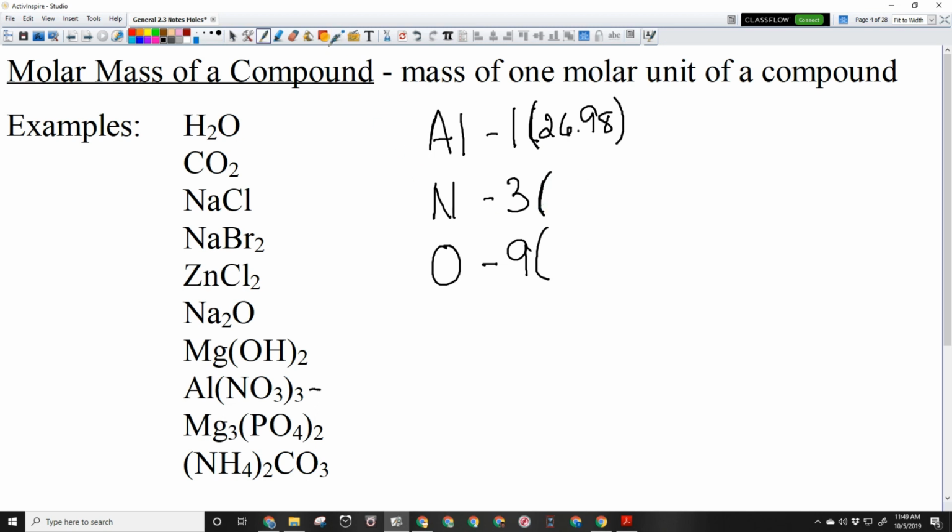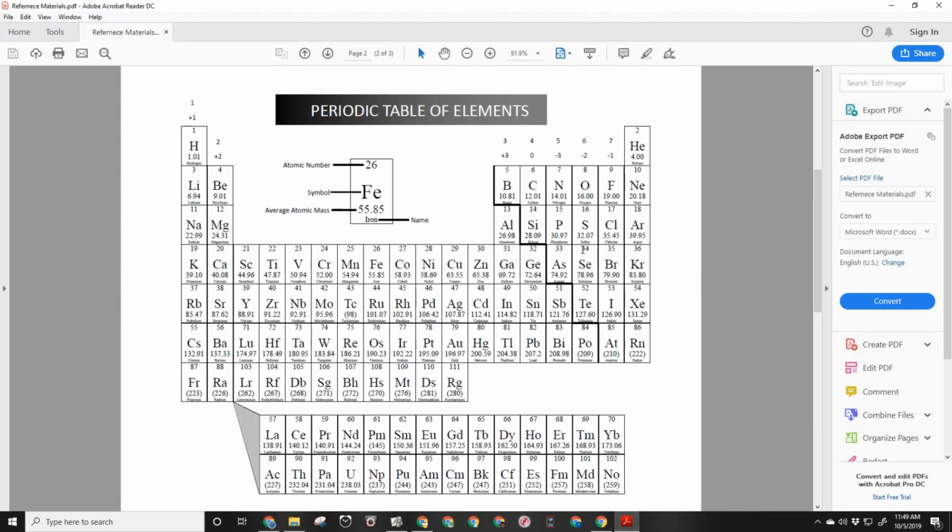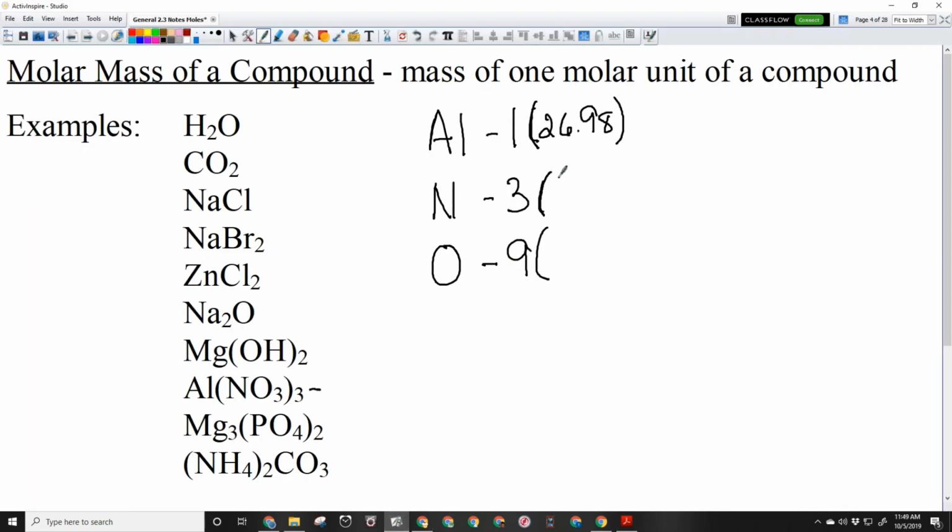And then nitrogen is 14.01. And these are grams per mole. The abbreviation for mole is MOL. If you want to use that, you just drop the E. You're going to see MOL though. All right, oxygen is 16.00 grams per mole.